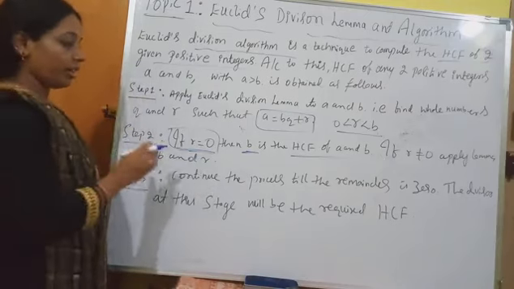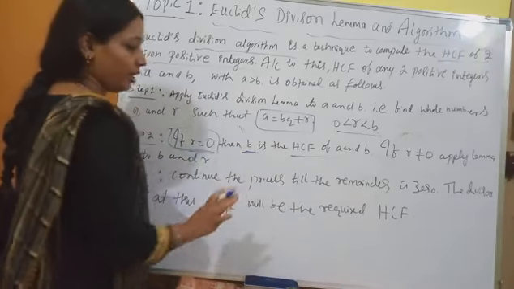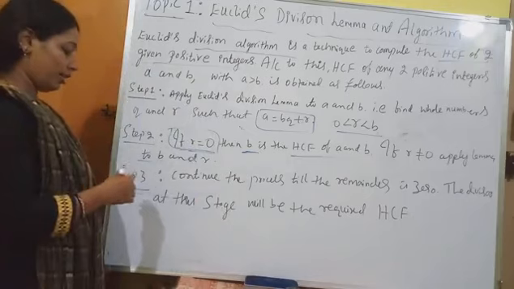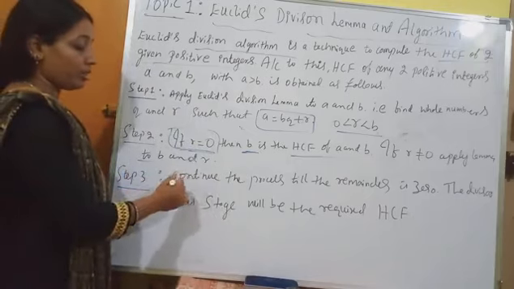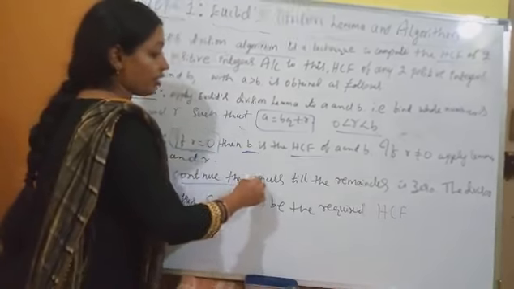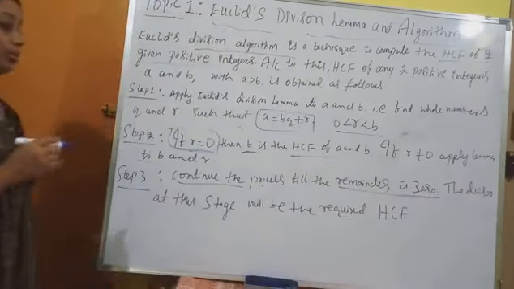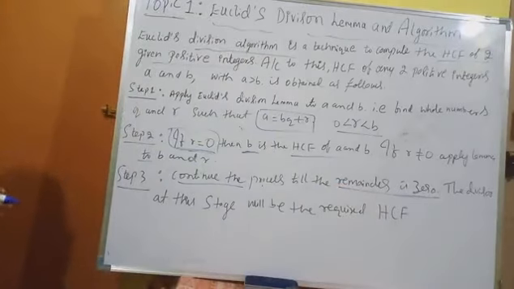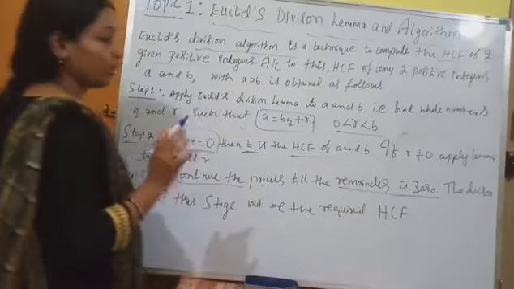Step number 3. Continue the process till the remainder is 0. So how long do we have to continue this division process? We have to continue the division process till the remainder becomes equal to 0. How many times do we have to divide? We divide the given numbers till the remainder becomes 0.